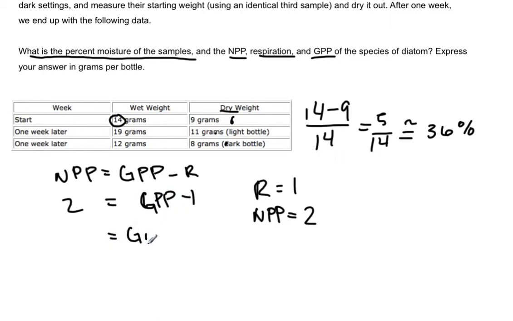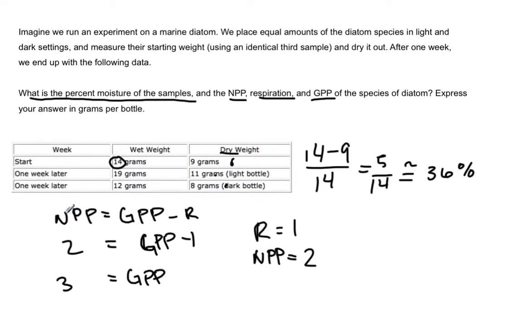So my gross primary productivity is going to equal 3. Now I'm going to go back and make sure I have my units. And here we go. My units are grams. So respiration is 1 gram was used, NPP is 2 grams, and my total GPP is 3 grams.